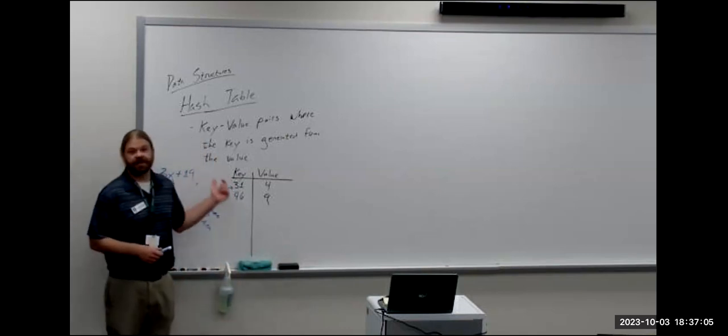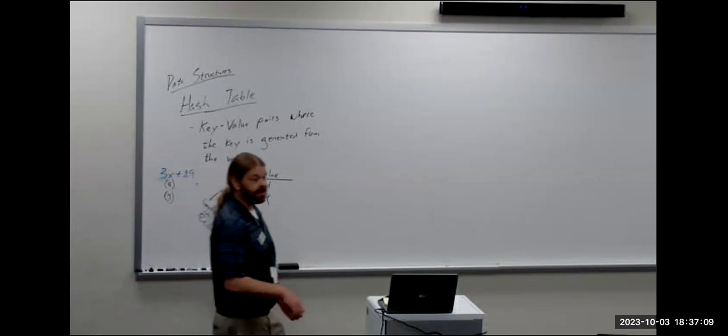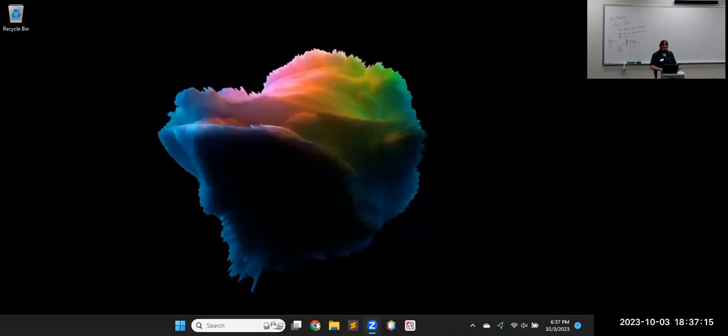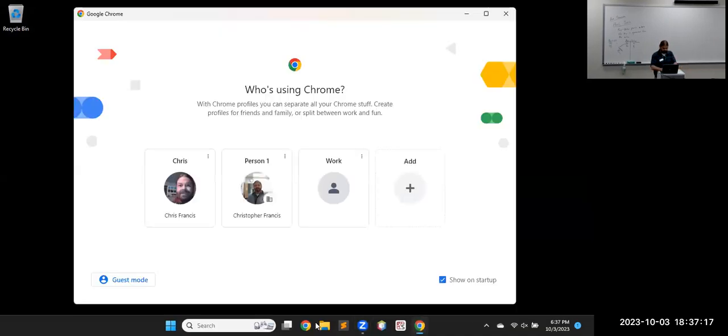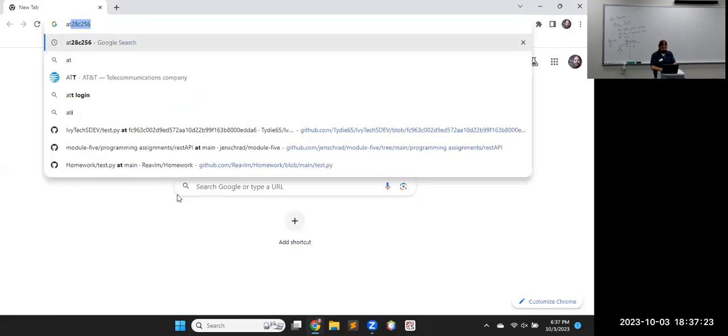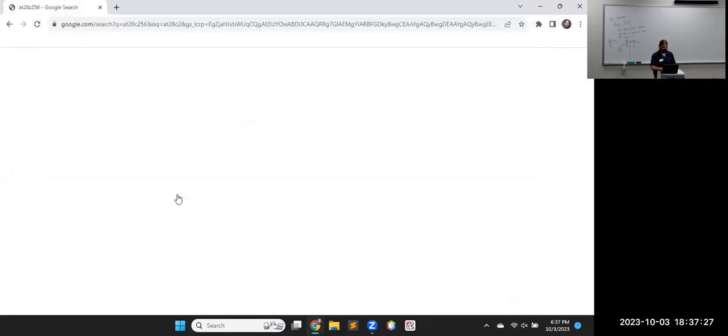That key becomes the location in RAM. Everybody's seen a RAM chip, right? I'm going to pull up one in diagram form. AD28C256.